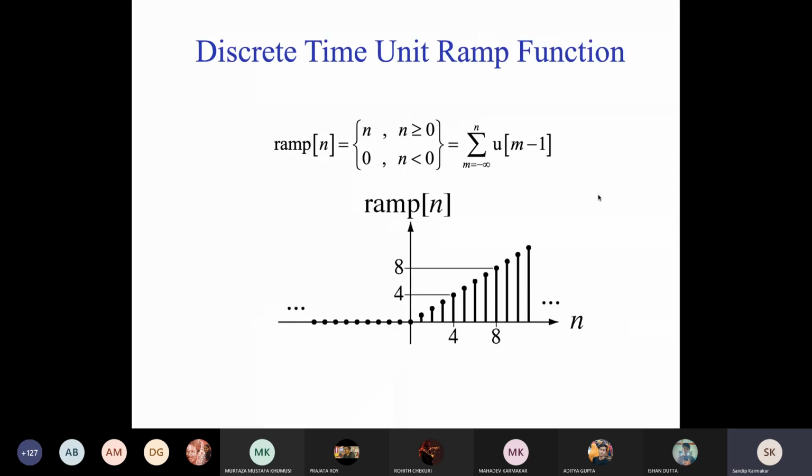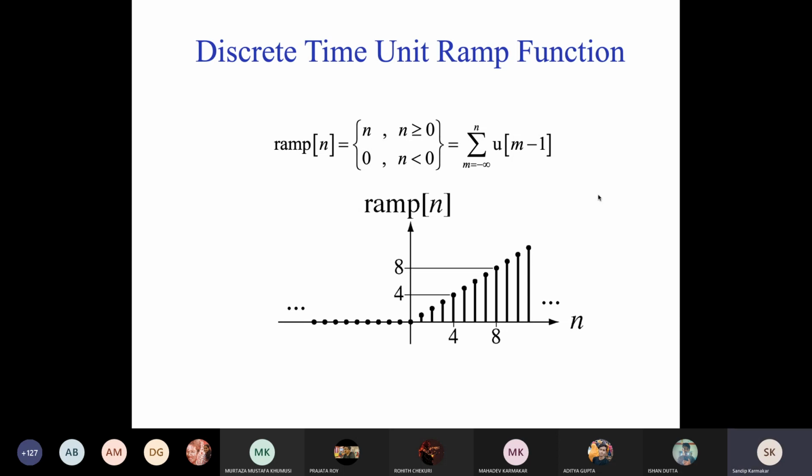Similarly, the ramp function, ramp of n, is simply a sampling of the continuous time ramp function. Am I right? Yes, sir.